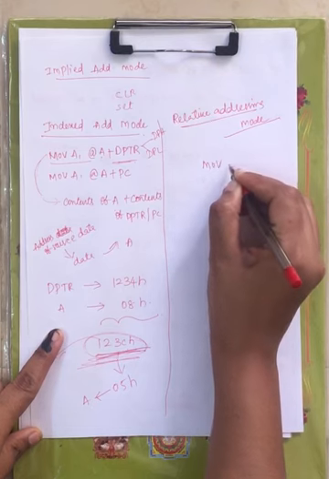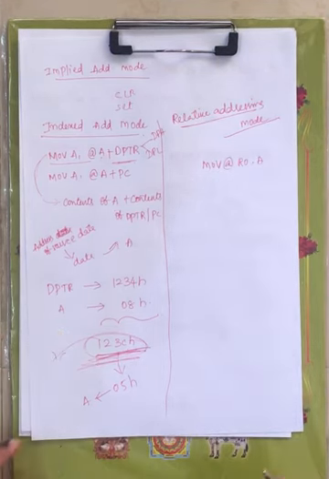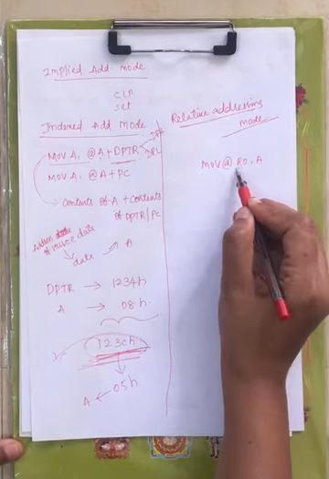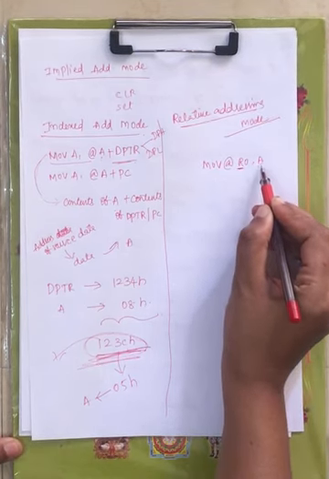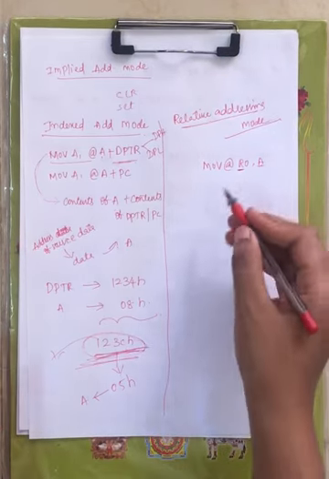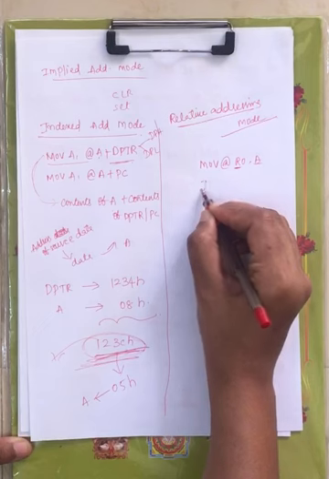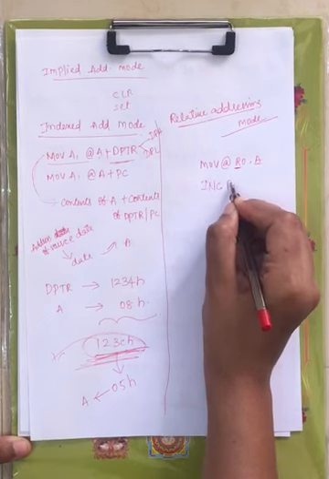Now, MOV @R0, A. That means this will point to some memory location, and that memory location is moved with the contents of the accumulator. The @ indicates that it is pointing indirectly to a memory location by that particular register, right? Next we have INC R0.